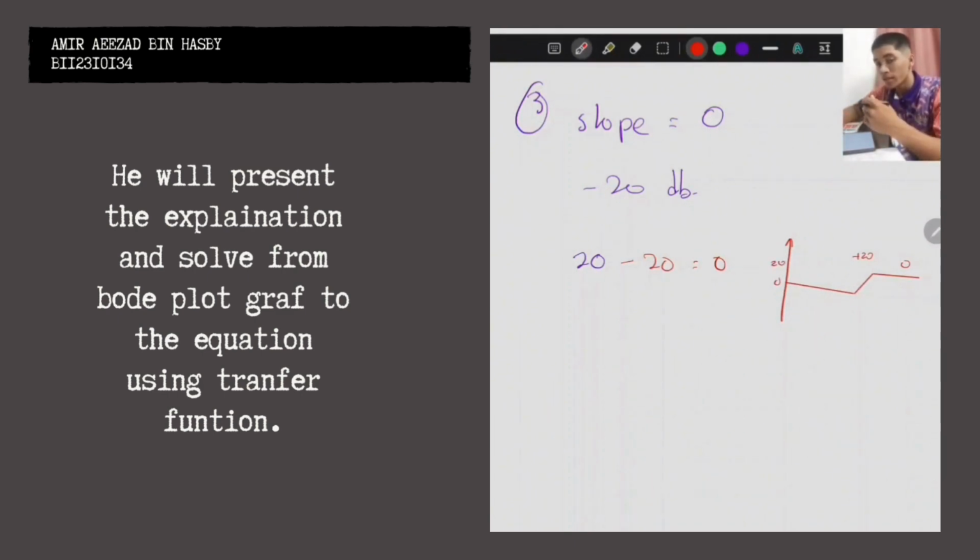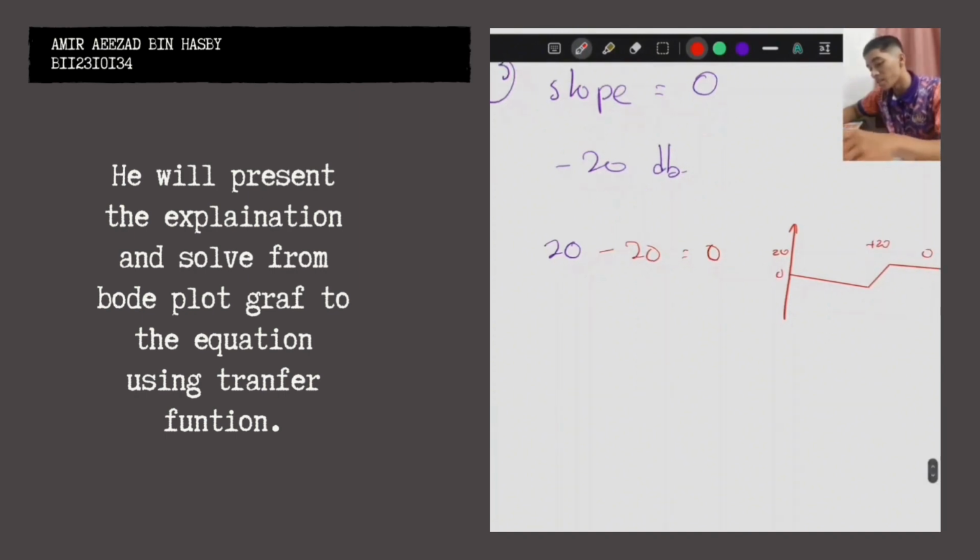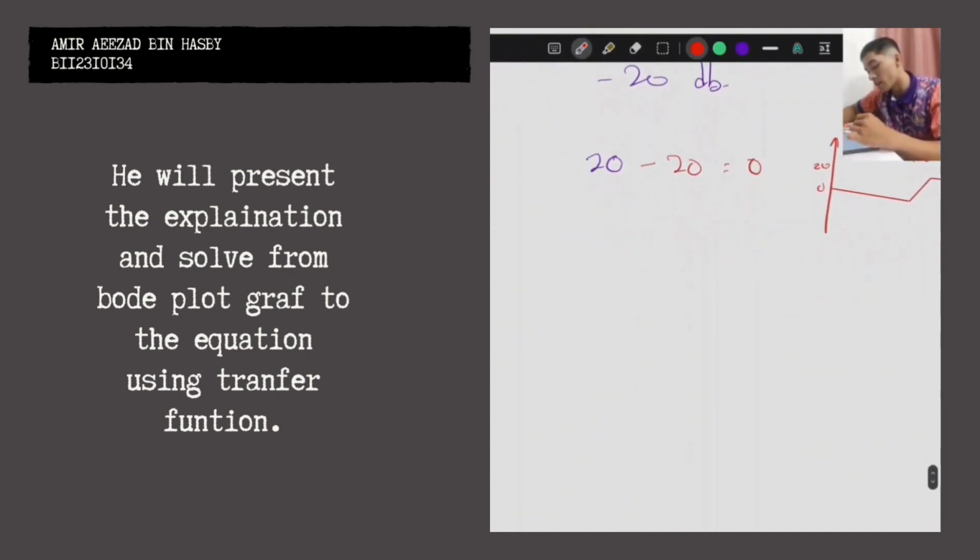So to show that the graph is decreasing, we use a simple pole because it will change at 100 omega.